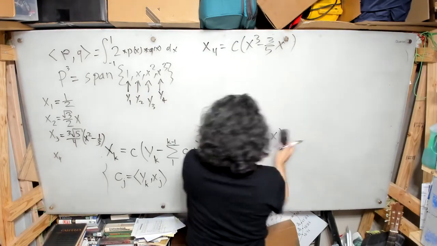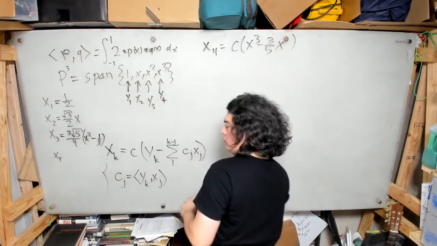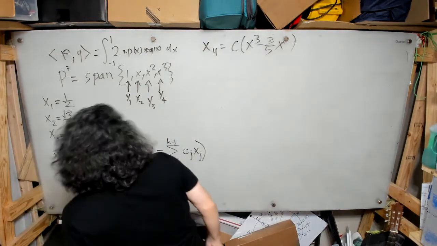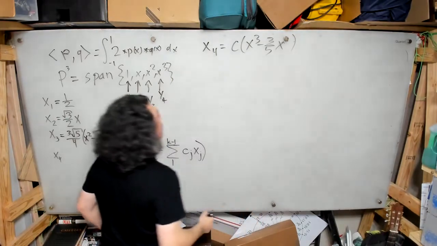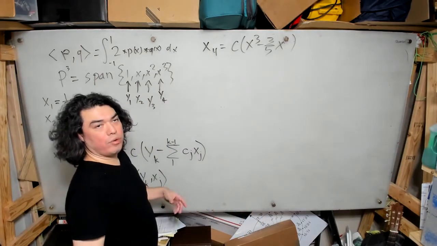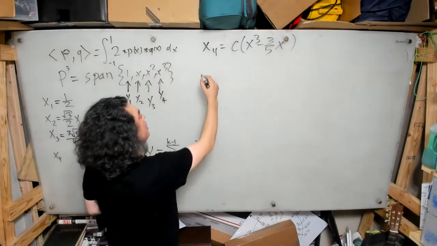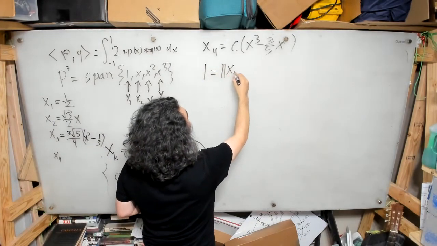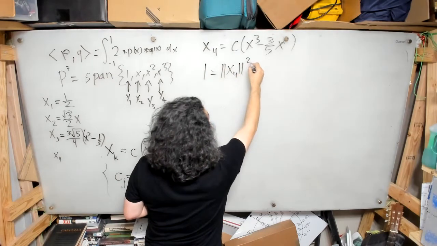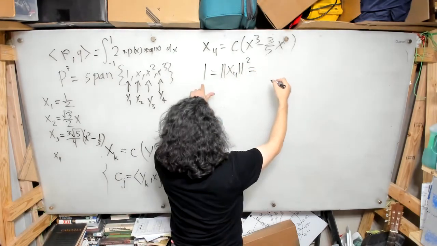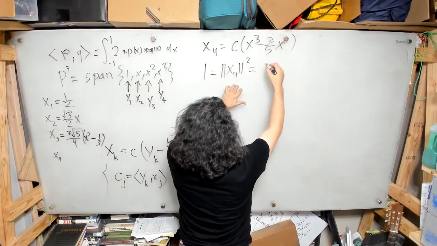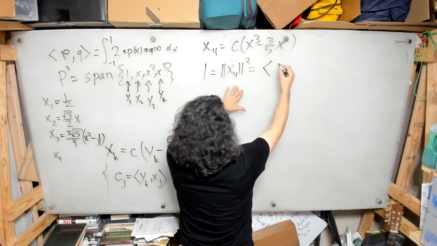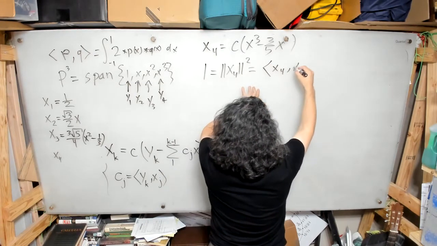Like this. So now, what we need to do to normalize this one is we need to force the norm of x to the 4th to equal 1. So what's that going to be? It's going to be like this.